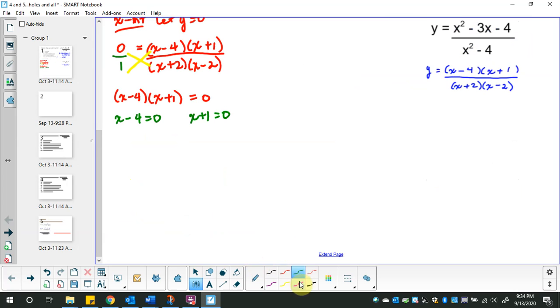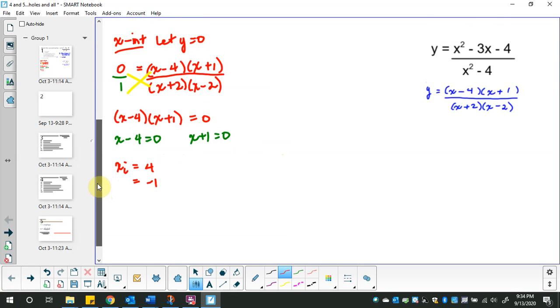And I now know that my x-intercepts are 4 and -1. Now they should not arrive in the domain, so we're done with x-intercepts and we shouldn't expect any conflicts.